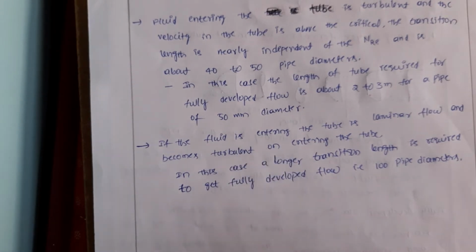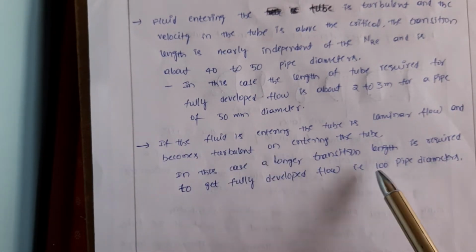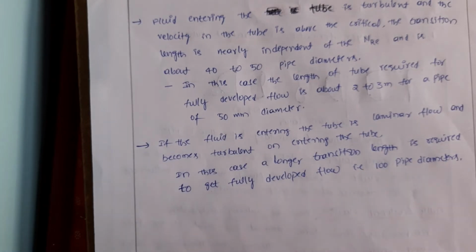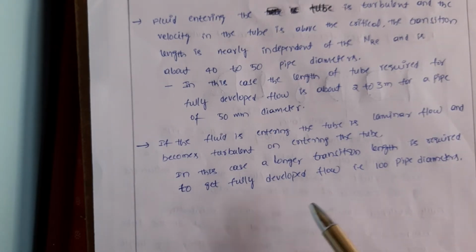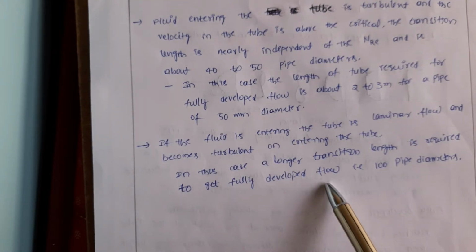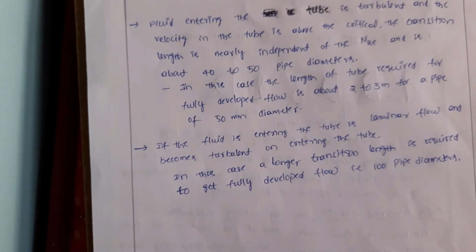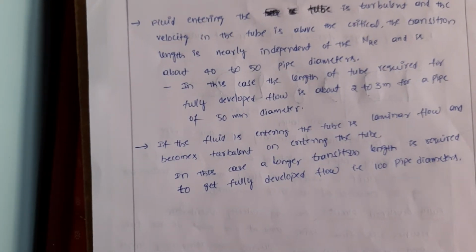In such cases the pipe length required to attain fully developed flow will be very long, most of the time about 100 times the pipe diameter. Clear? Now we will see the solution for this problem.